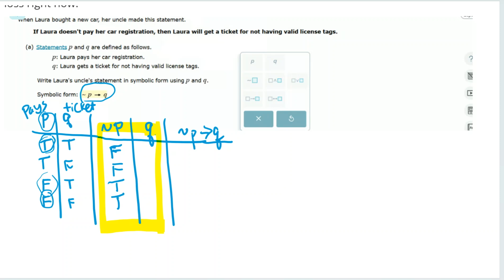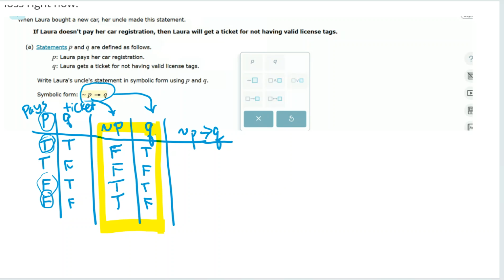Okay. Now, so there's my not P. I'm going to make another column for Q. I technically don't need to do it, but for me it's just easier to have these in the correct order for the if-then part. So I'm just copying the Q over because it's exactly the same thing.